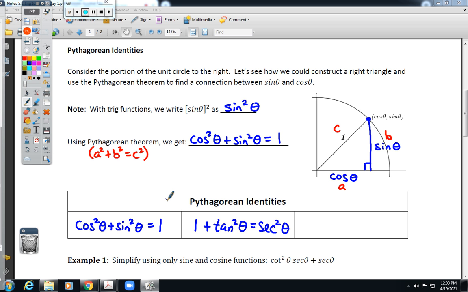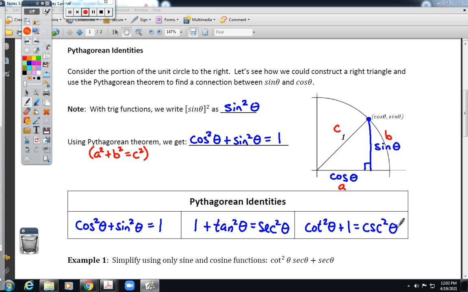And if we take our Pythagorean identity and divide everything by sine squared, we get cotangent squared plus 1 equals cosecant squared. So those are our three Pythagorean identities.